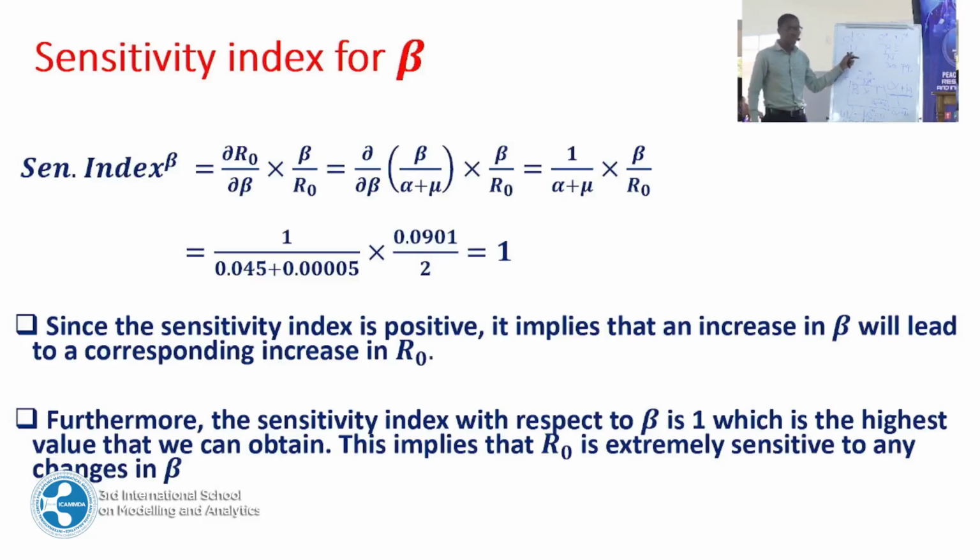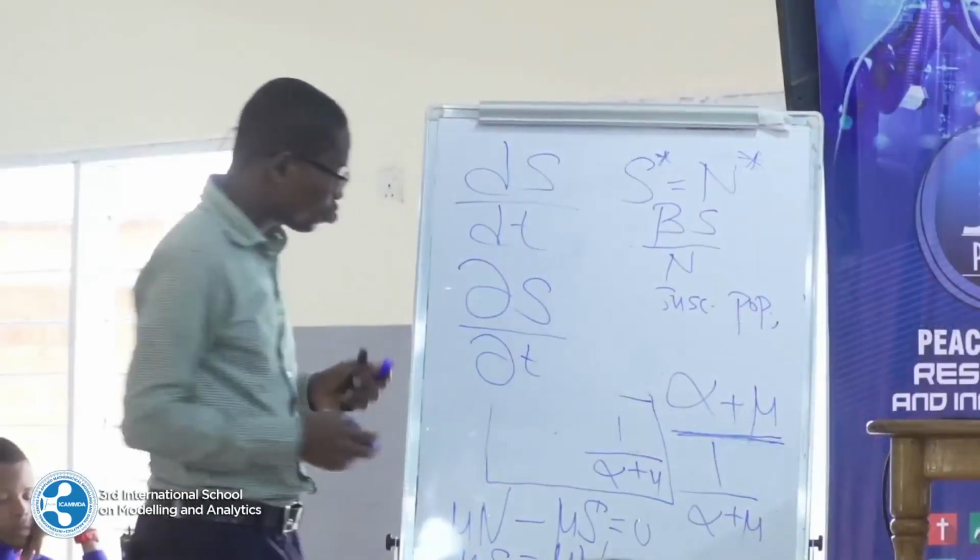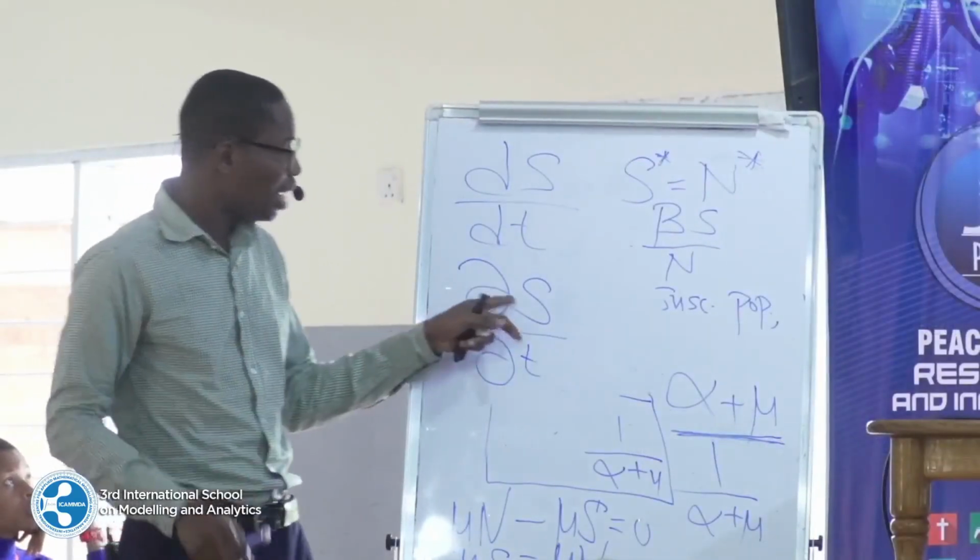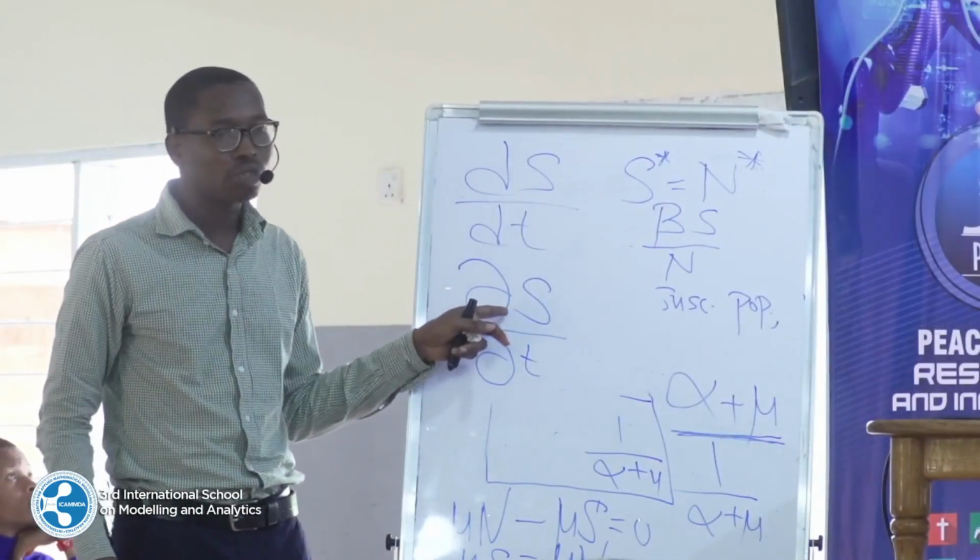One single variable. This is a total derivative. This susceptible class is changing with respect to time. But then we have partial derivatives also. The partial S with respect to, let's say, partial t. That means this guy is a function of several variables.